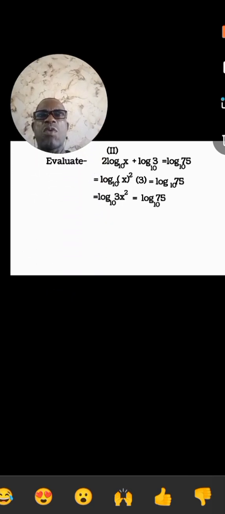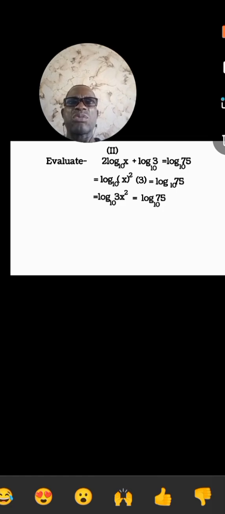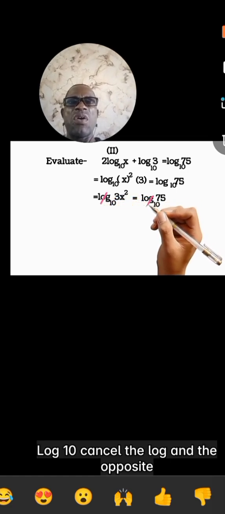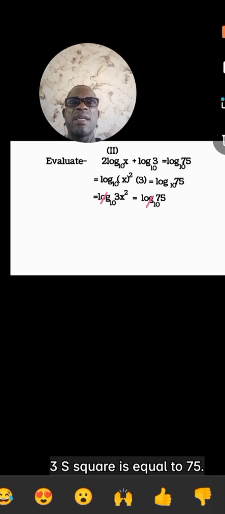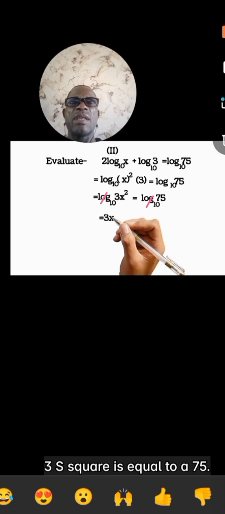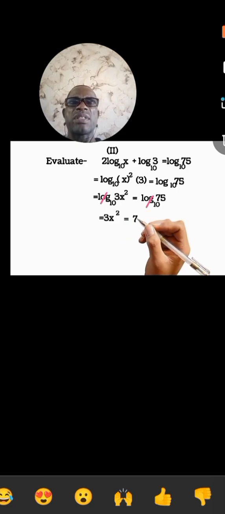We go ahead. Then we cancel the log. Log base 10 cancels the log on the opposite side. So we are now left with 3x squared is equal to 75.